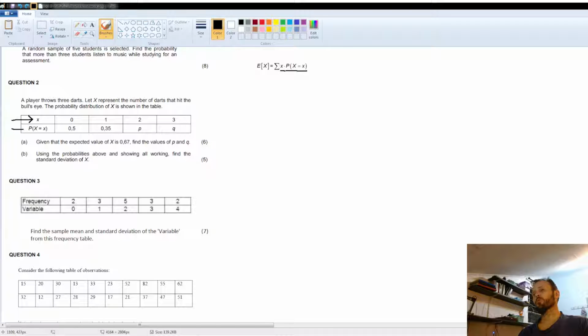Okay, so we do it. Very straightforward. So let's do it. It's equal to what? Well, we get started. The first value of x is 0. Okay, let's put it in, just for the sake. It's 0 times 0.5. That's x times p of x. Plus, the plus is because of the sigma. We're adding everybody up here. The next x is 1, multiplied by 0.35.